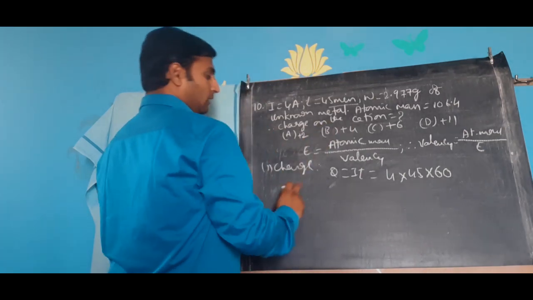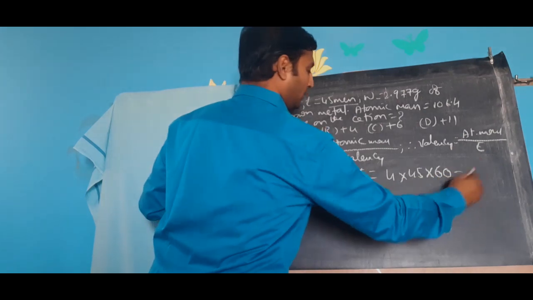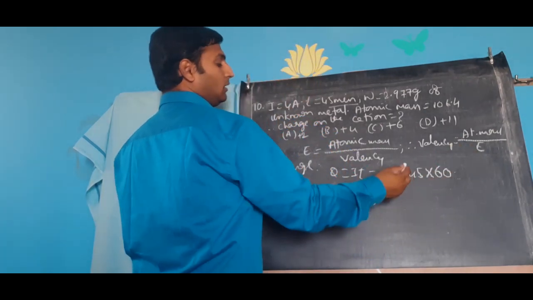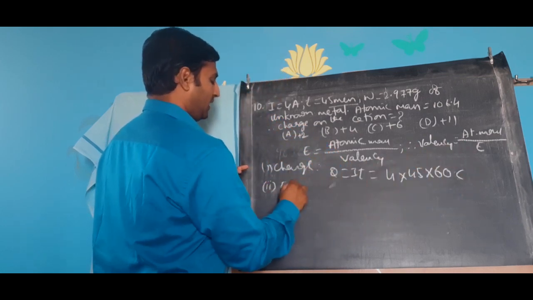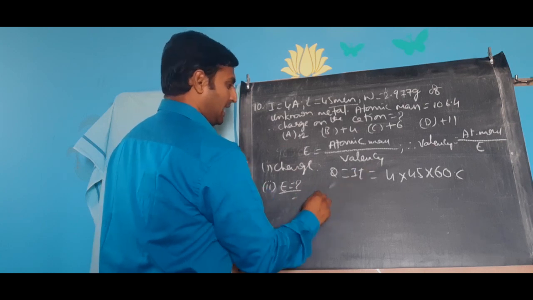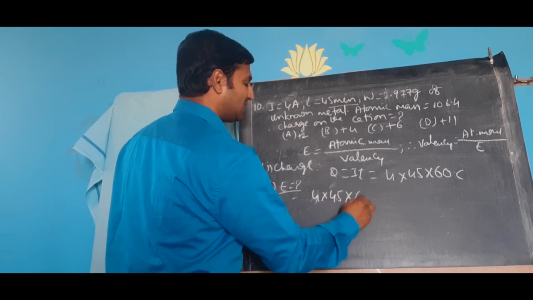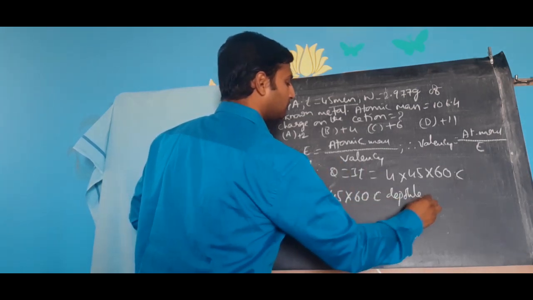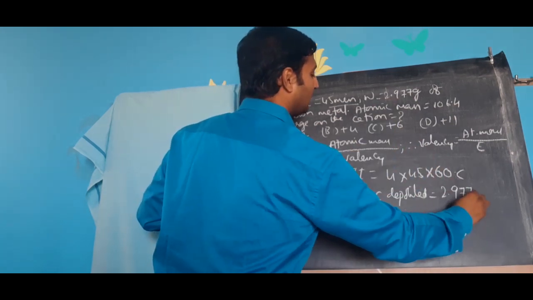You know very well, that will be so many coulombs, whatever answer you are going to get. Now, finding equivalent mass. 4 into 45 into 60 coulombs deposited 2.977 grams.